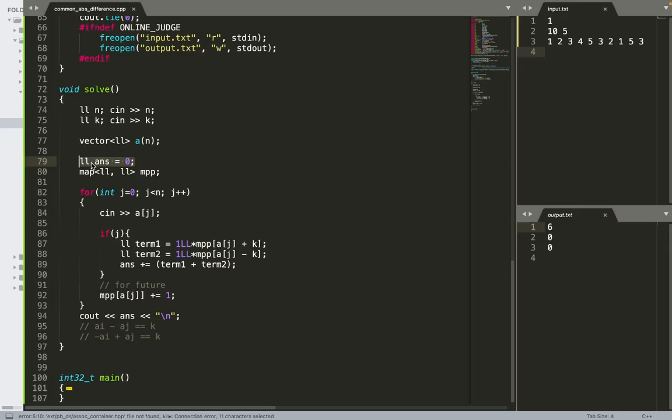Whatever be the value of aj, I'm making a jump of k to the right, and figuring out the frequency of that. And this is the j choice. It can be chosen in one way. And this is the choice for the number of elements on the number line which are k distance apart.